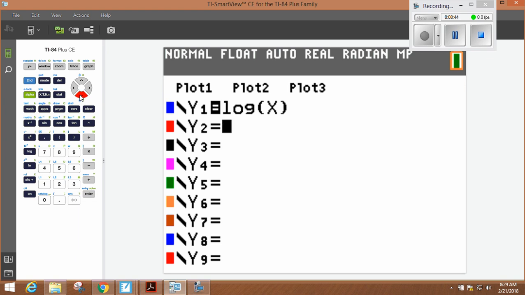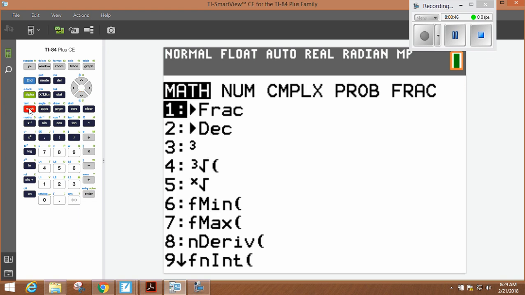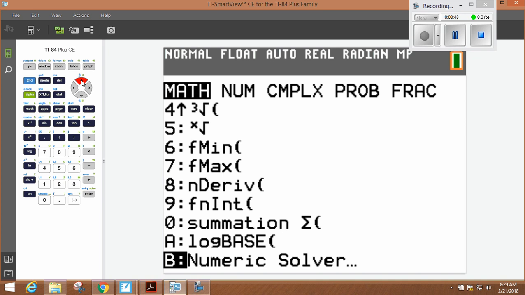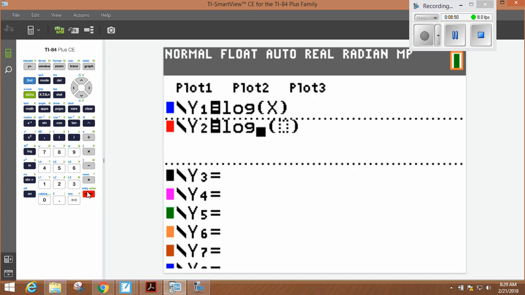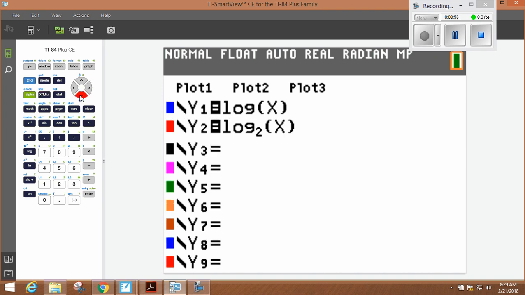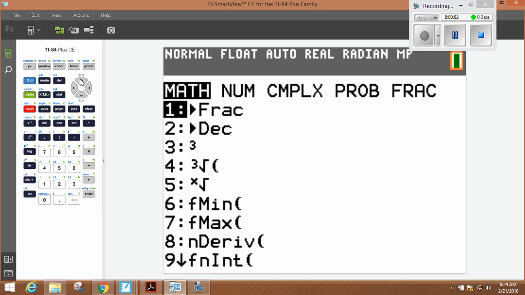So if your calculator has the operating system, you can hit math, go up to log base, and then we can do log base 2 of x. And then the last one that we did not graph by hand was log base 5.